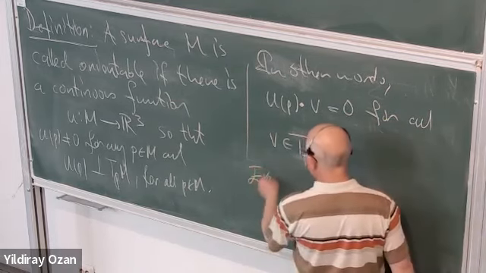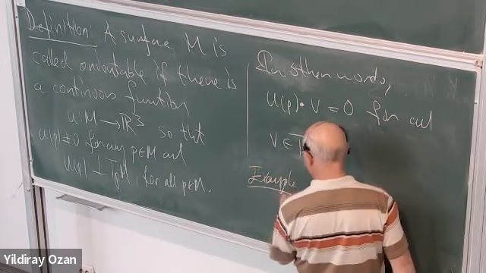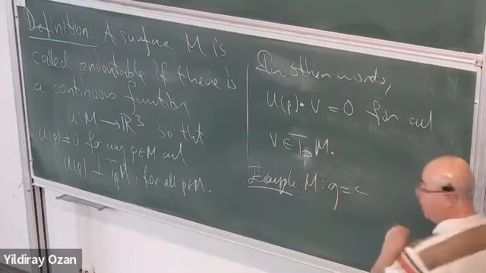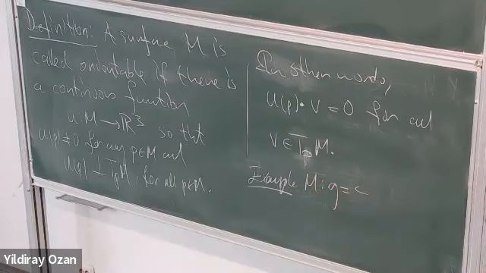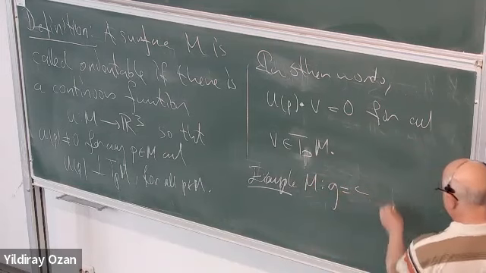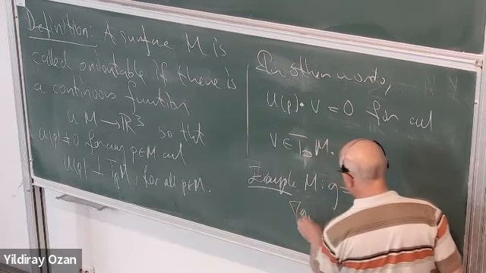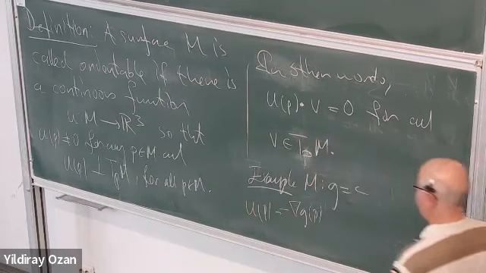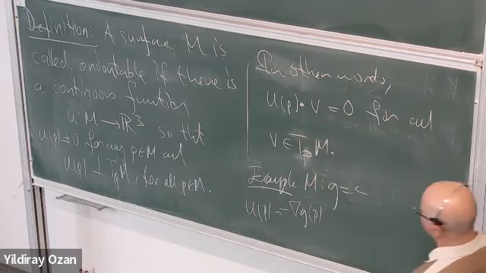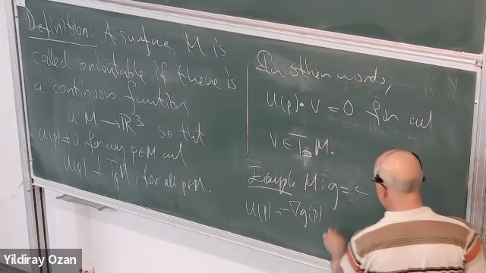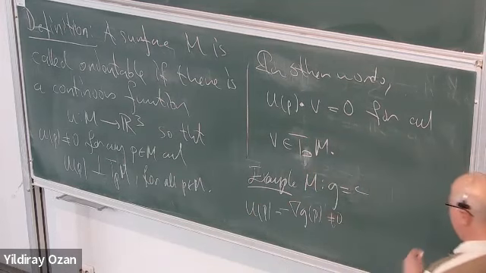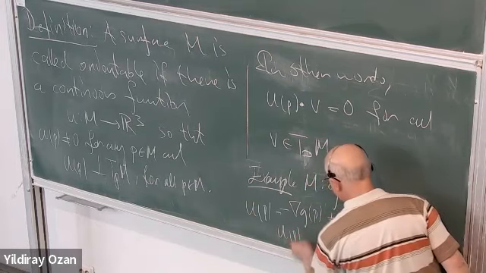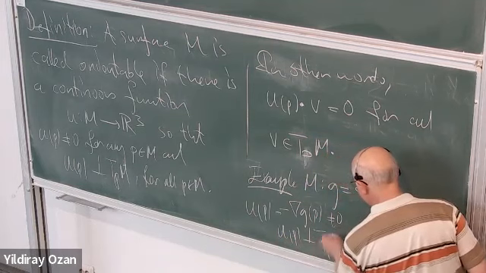Example: we have seen that if your surface is a level surface of a function, then its gradient, right? UP is a normal vector, so that this is never zero, and it is perpendicular to all the tangent vectors.